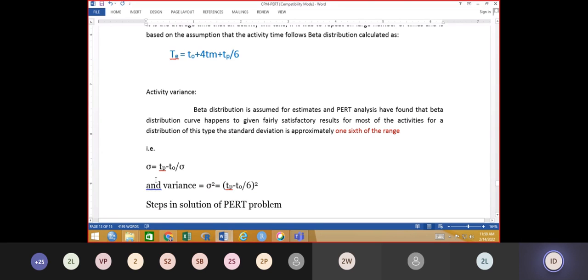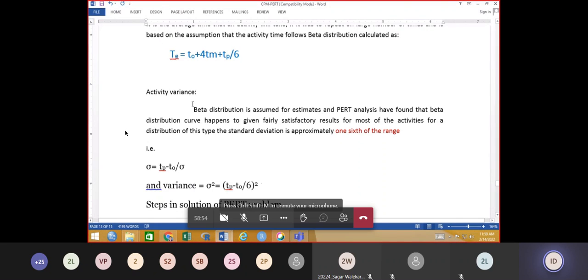Such variation is calculated, denoted by the standard deviation, which is equal to (TP minus TO) divided by 6, pessimistic time minus optimistic time. Variance is the square of the standard deviation, (TP minus TO) divided by 6, raised to 2.